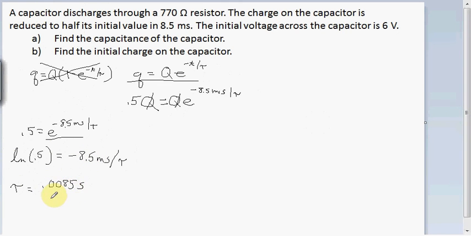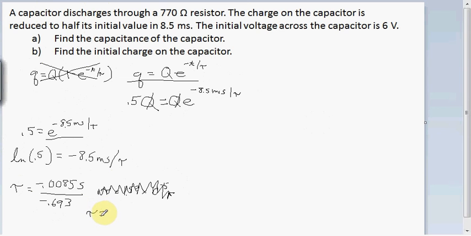0.0085 seconds. That's what 8.5 milliseconds is. Minus, divided by the log of 0.5, which is minus 0.693. And this tells us then that the time constant of our circuit is equal to, let's see... Sorry, I'm reading the wrong thing on my paper here.